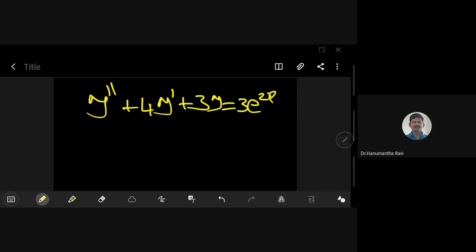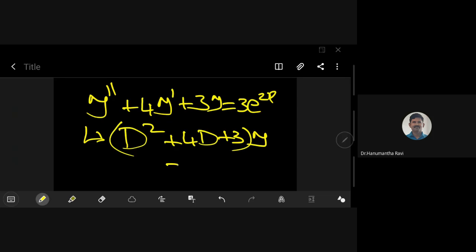How can we write this? This can be written as D square plus 4D plus 3 acting on y is equal to 3e power 2x.